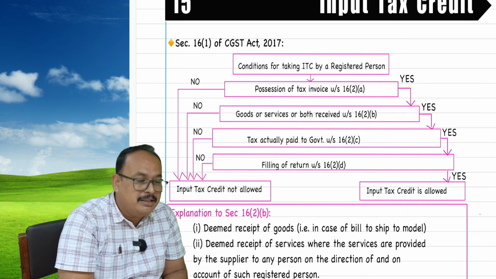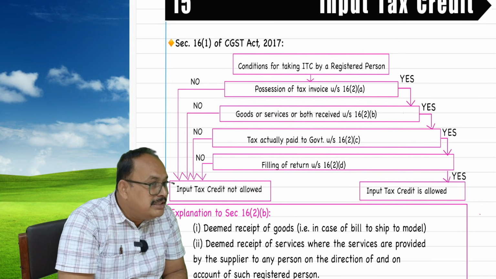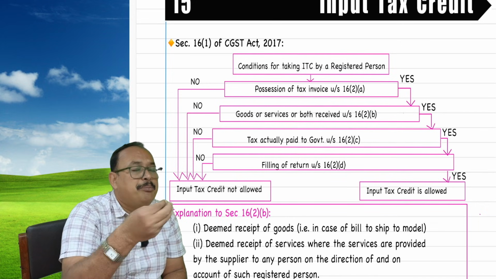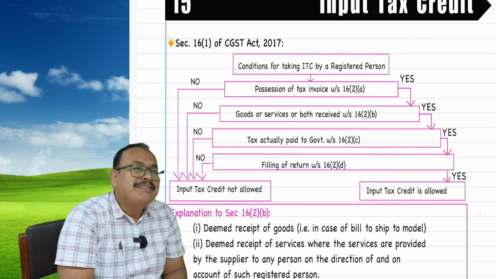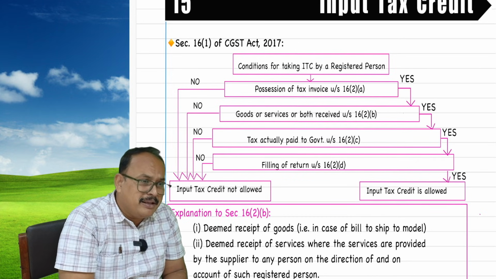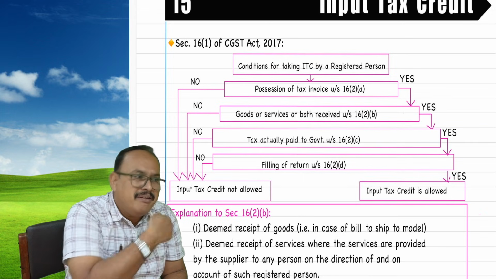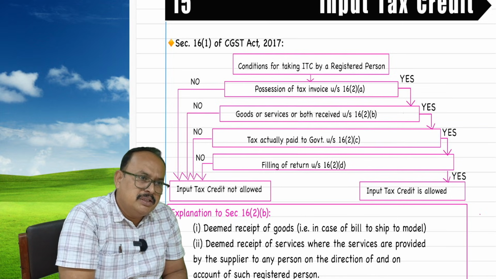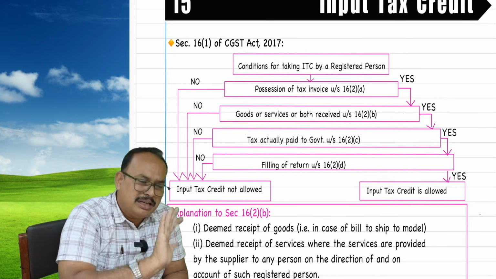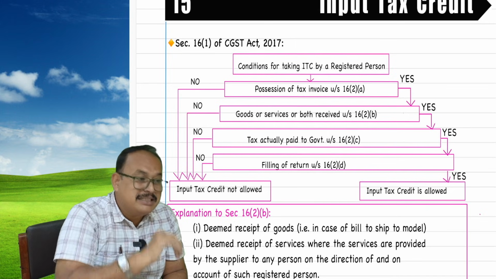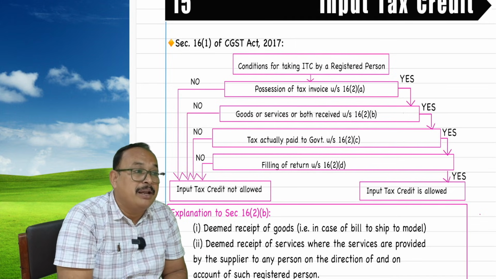For the financial year 25-26, I purchased some goods. The goods invoice was issued by the supplier, but unfortunately the supplier did not pay the tax to the department. I avail ITC, no problem. Wait, do not reverse immediately. A time limit is there for the supplier as per rule 37A.